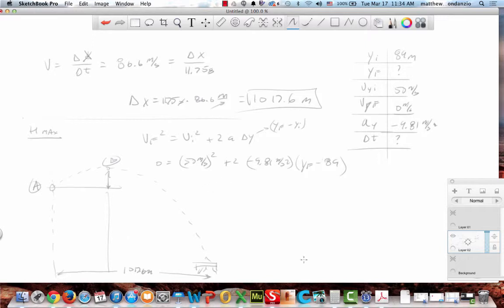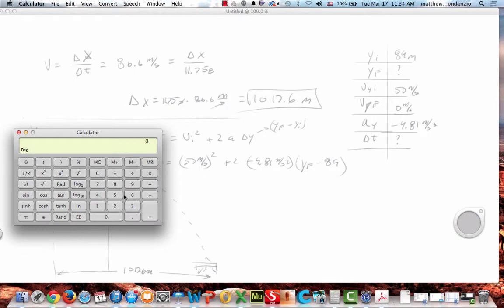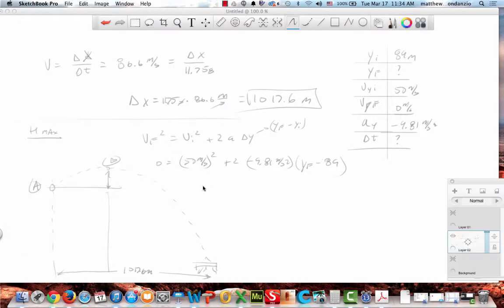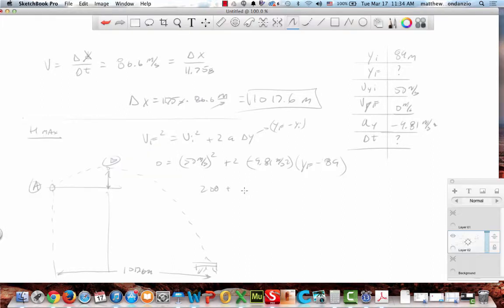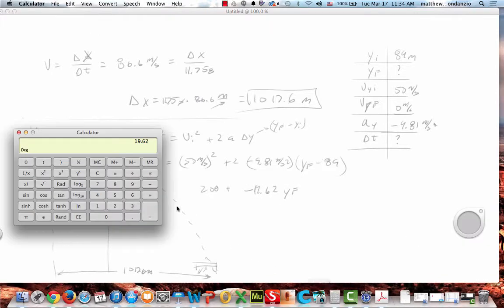So now all I have to do is do a little bit of math, right? 9.81 times 2 is 19.62, so it's negative 19.62. 50 squared is 2,500.